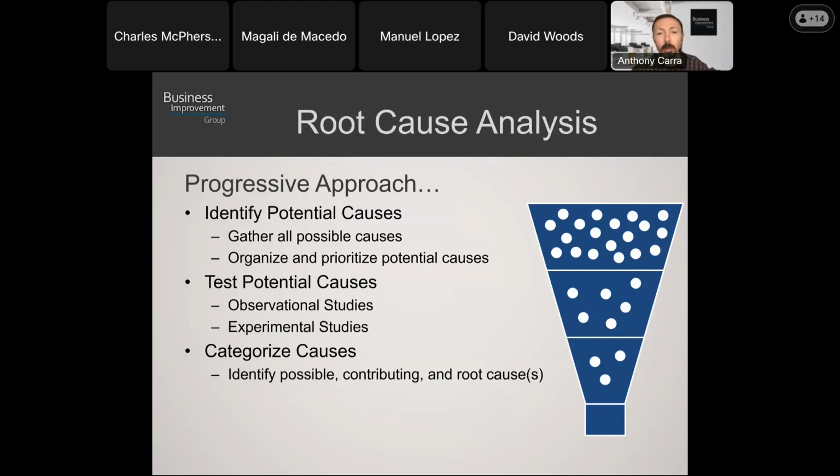Something a little more moderate, or something that happens together with something else, we'll call contributing causes. And what I like to call the smoking gun, the thing you can really nail down, the switch that when you turn it one way or the other, you turn the problem on and off, those are generally your root causes. You want to properly categorize those so that we can set expectations as far as how to address those.